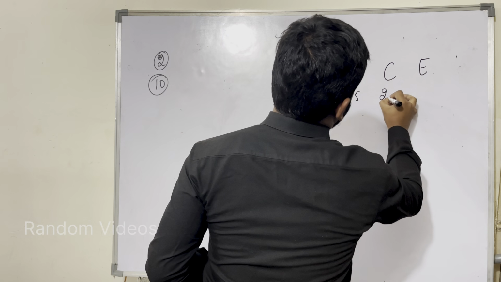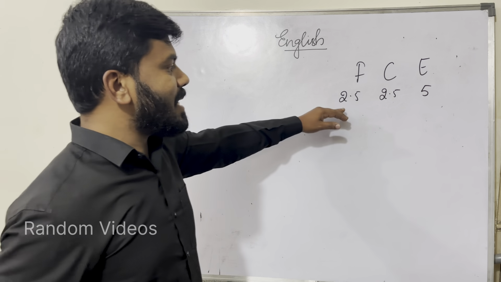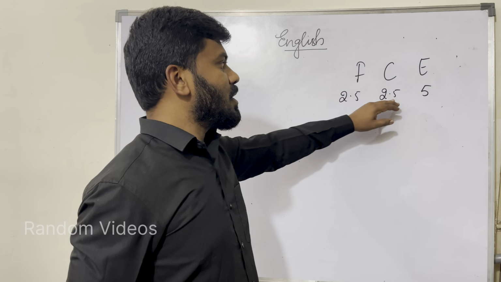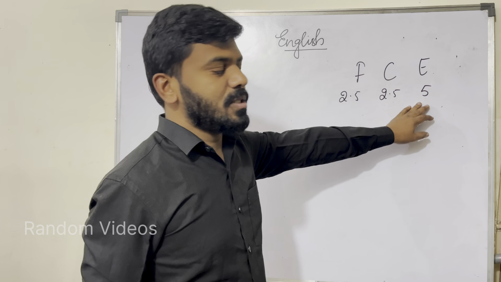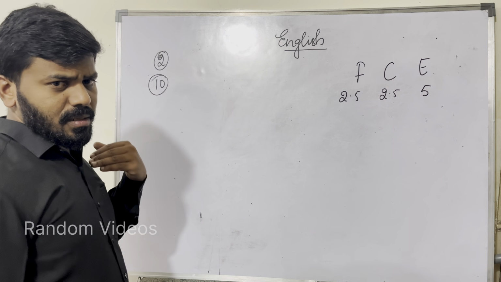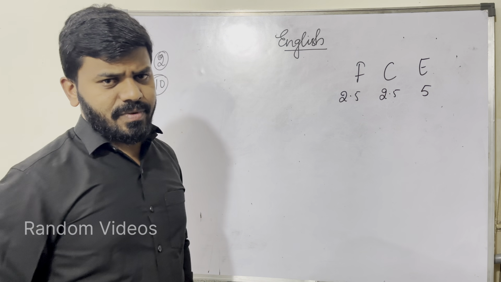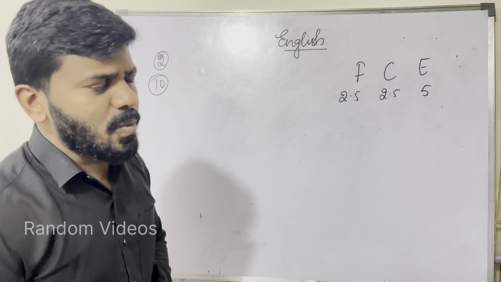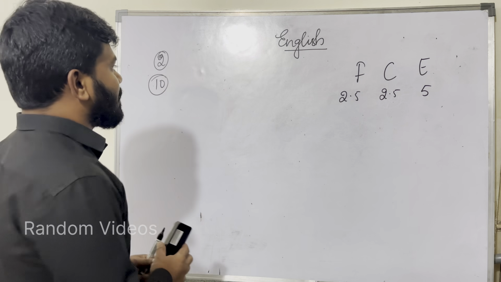Format carries 2.5, content carries 2.5 and expression carries 5 marks. Okay, straight away let us get into the format, because the rest of the things we already discussed in my last video. Those of you who have not watched, please do watch and come back for the friendly letter.